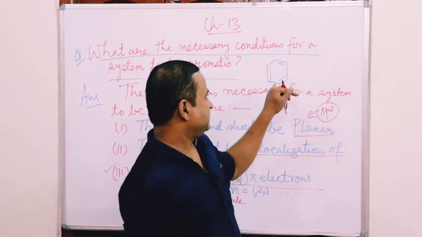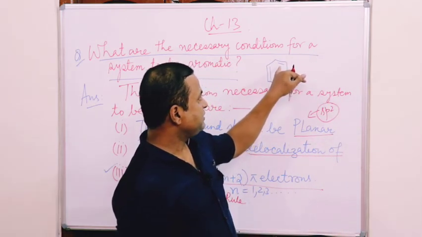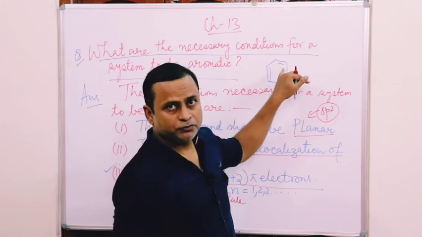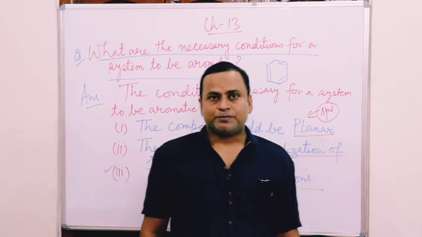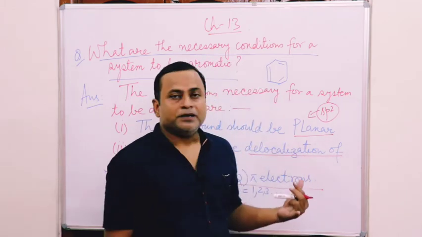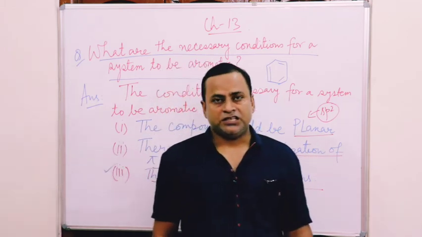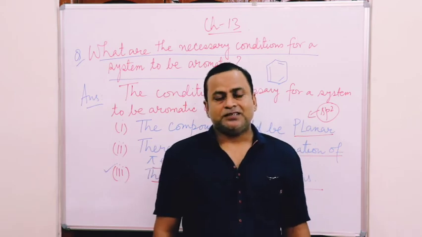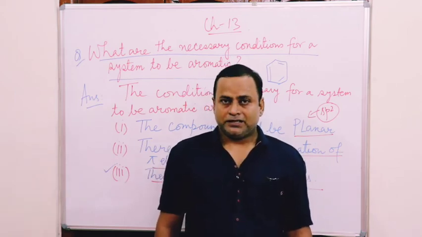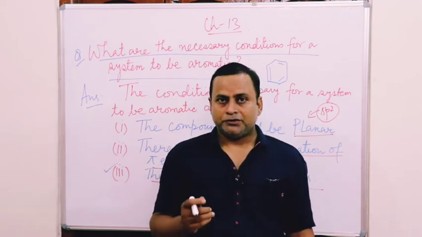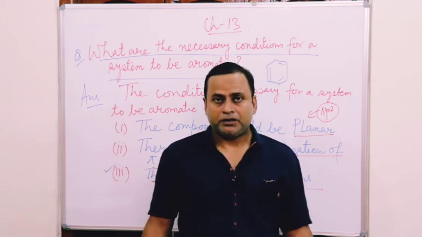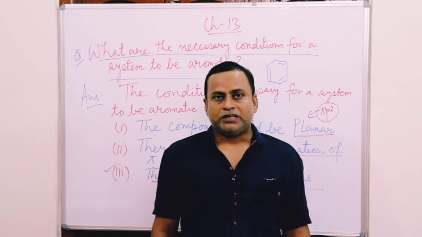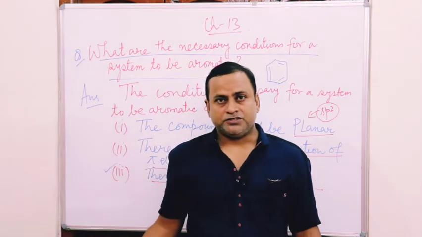Like here we are seeing pi bond. In benzene, 3 pi bonds are there. That means there are 6 pi electrons. So when a compound satisfies all these three conditions, it is then that we can say that the compound is aromatic. Now we will check some compounds, whether they are aromatic or not, by following these three rules.